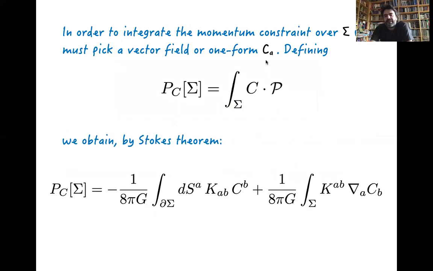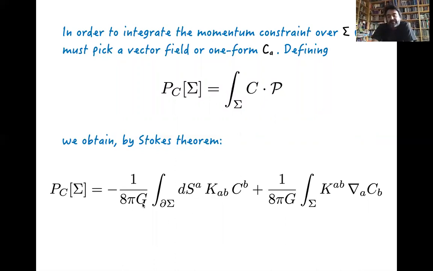So given the C field, which so far is completely arbitrary, I have something that I will call the C momentum, which is just the integral of the momentum density against this C field. This C field could be whatever. It could be something that tells me that I am counting the radial momentum, the outgoing momentum, the angular momentum, or a mixture of things, right? So far, this is a completely general thing.